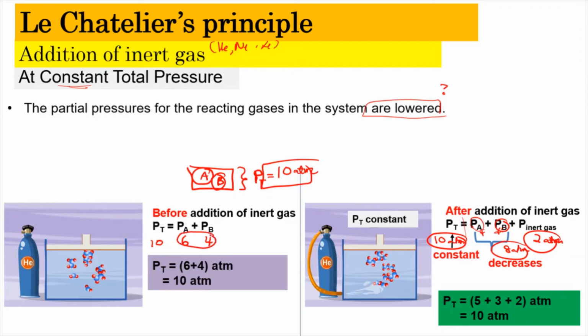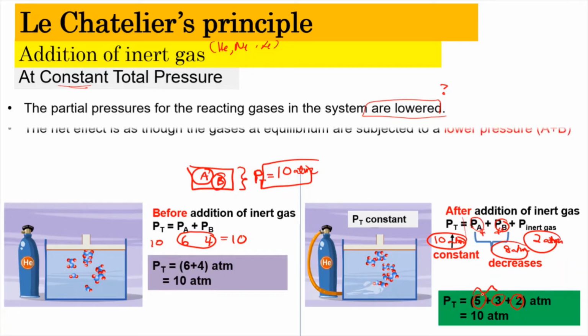Just now it was 10, but both together are going to be 8. So it is going to be reduced. Let's say PA is going to be 5, PB is going to be 3, and the inert gas is 2 atm. So the reacting gases are subjected to a lower partial pressure.